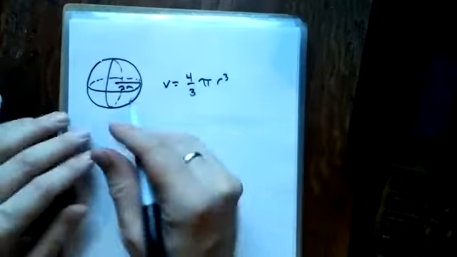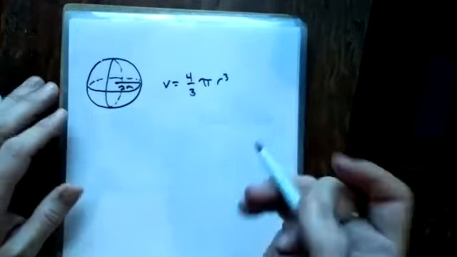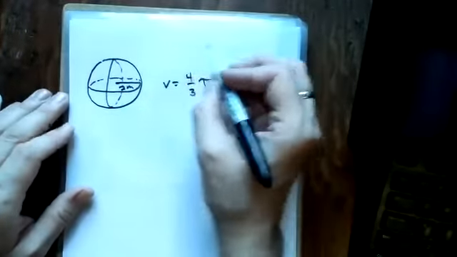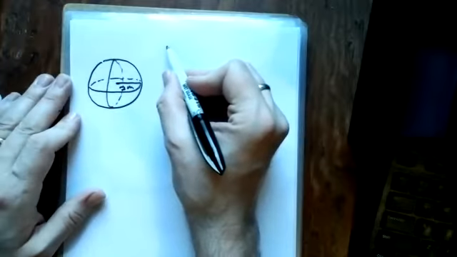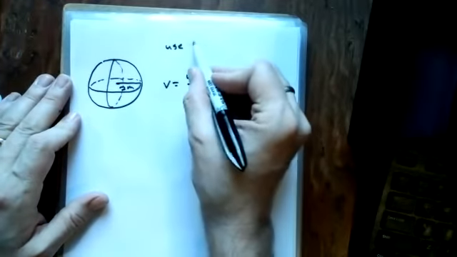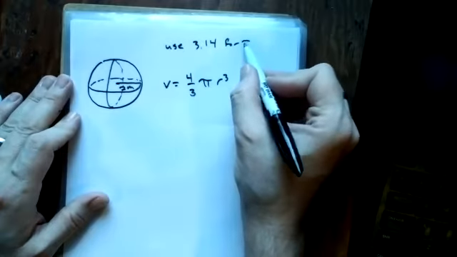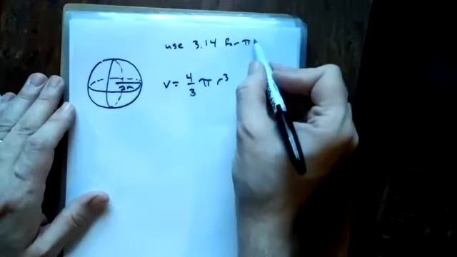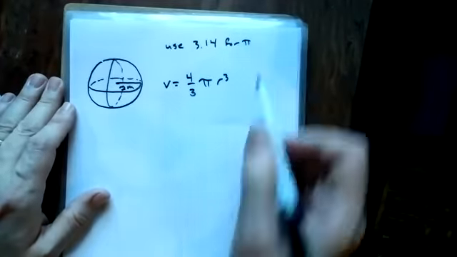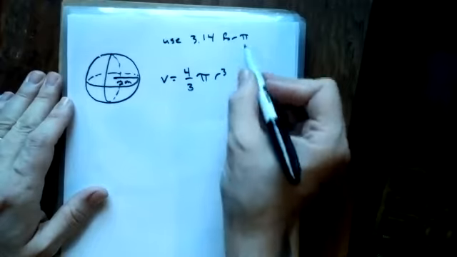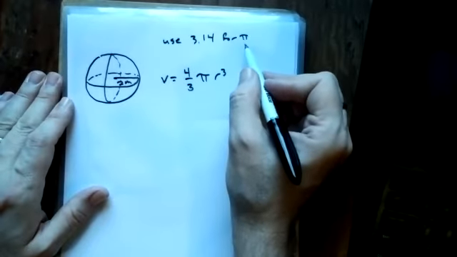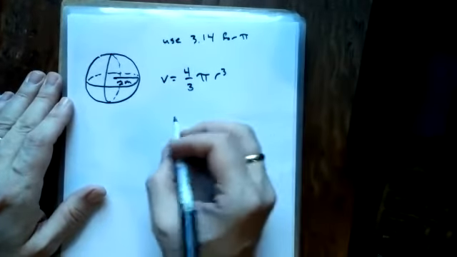And again, rounding to the 100th is fairly standard. This time I will actually use 3.14 for pi. Pi is, by the way, the Greek letter P. It's the letter P in the Greek alphabet.